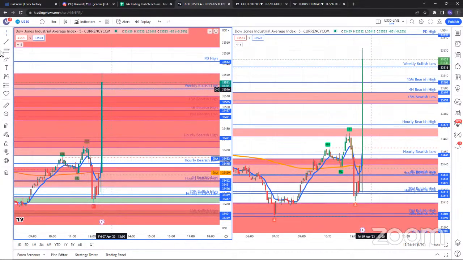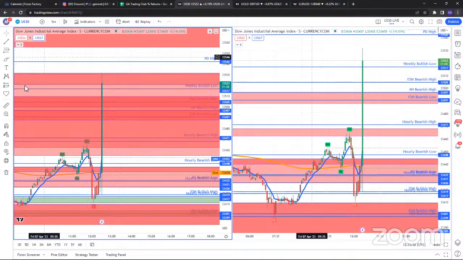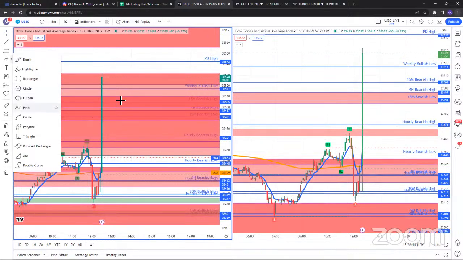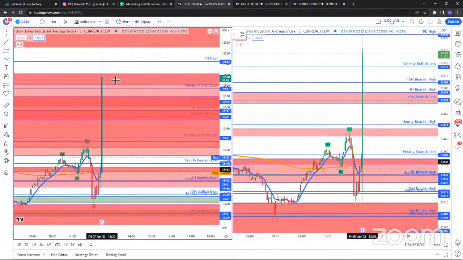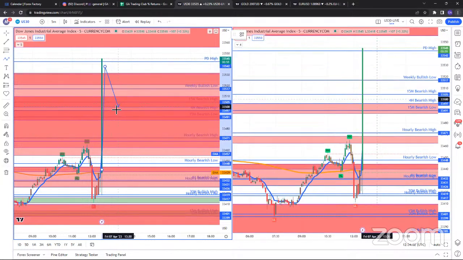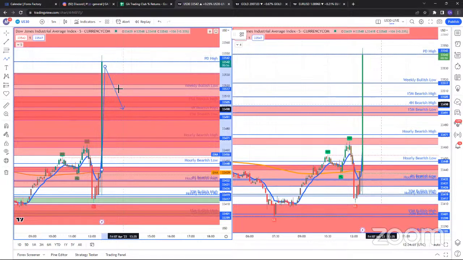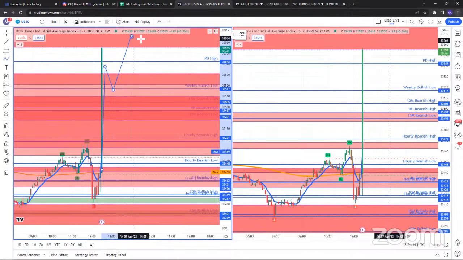But I do expect, so I'll just draw this markup right here. So you had this spike to the upside. The next 5-minute candle retraces somewhere to, so I do see a weekly bullish low here. And then this would be the next candle, and this is the area that I would be buying US 30 for continuation.